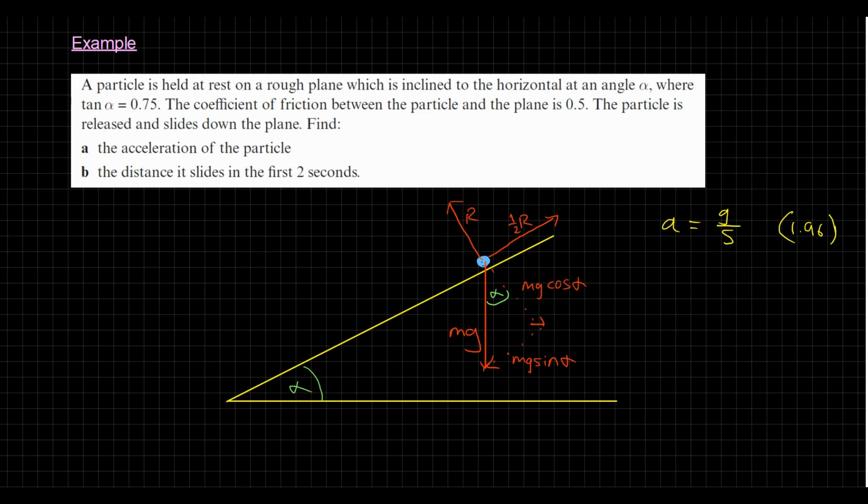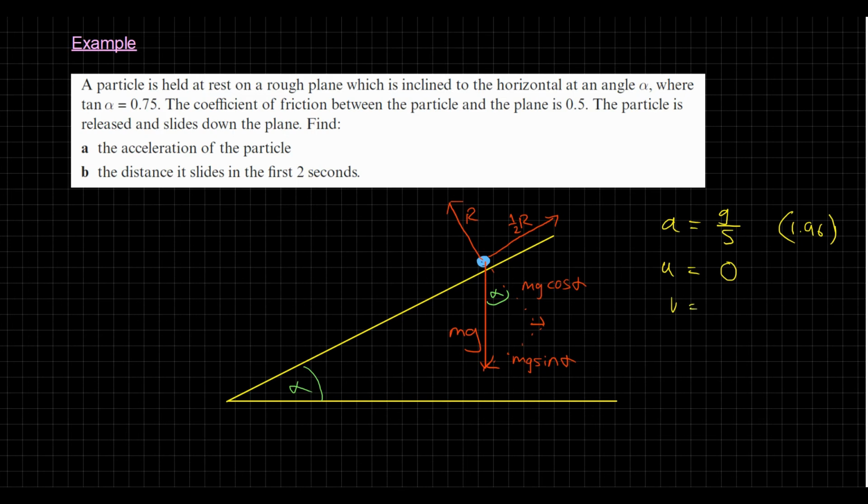So what are the other things we know? Do we know what u is? What would u be in this scenario? It should be 0, right? Because this object, this particle, it's released. So released means it's sort of held in position to not move, and then you let go. So if it's released, that means the initial speed was 0.